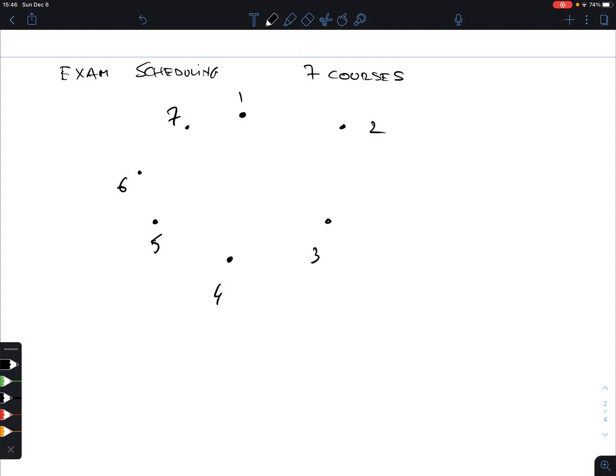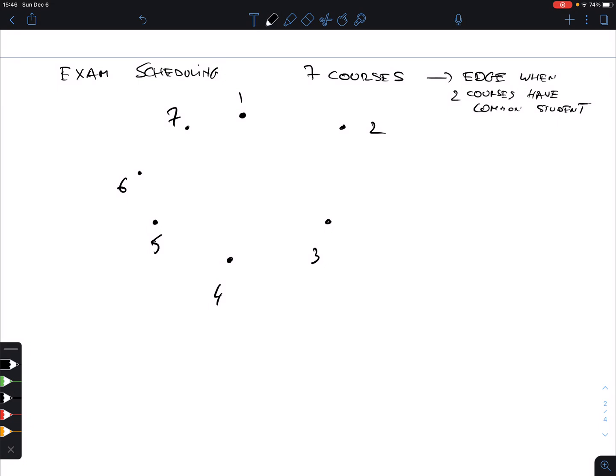And now we look at which courses have a common student, and we will put an edge when two courses have a common student.